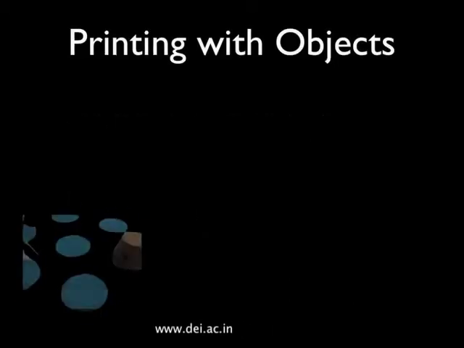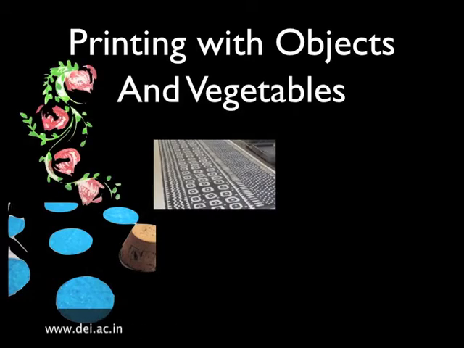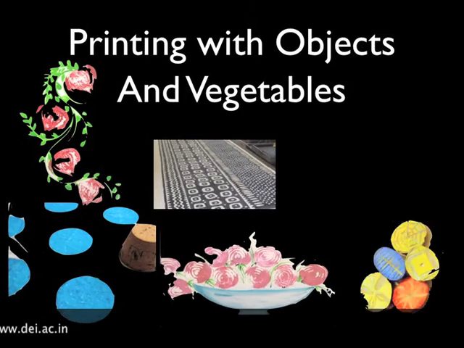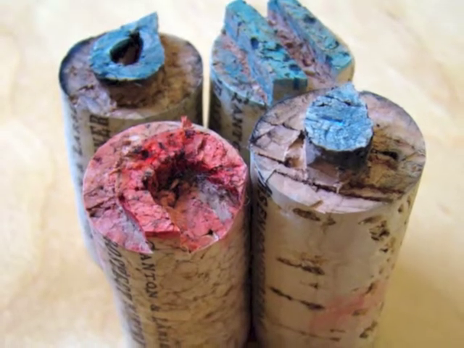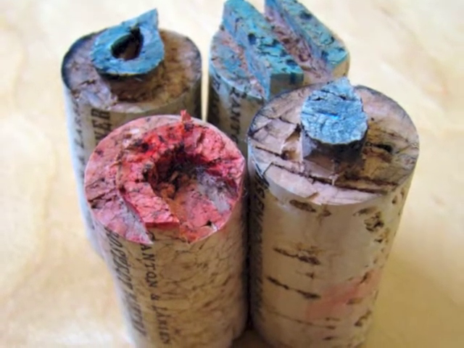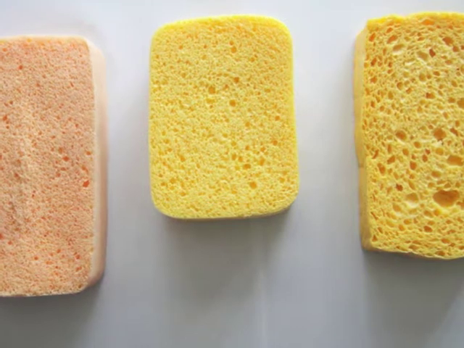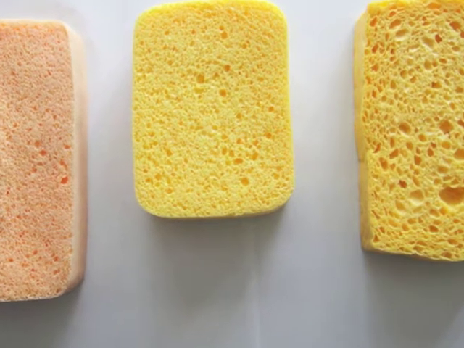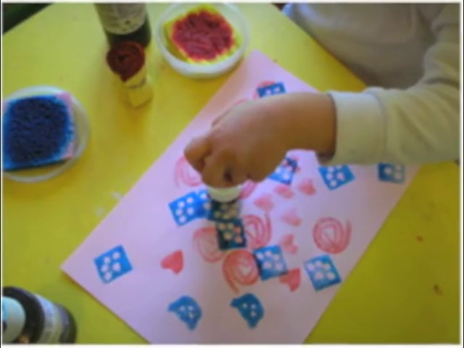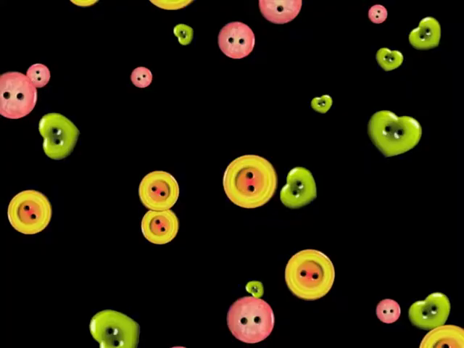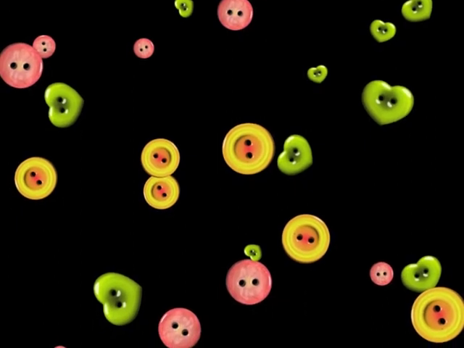Printing with objects and vegetables. Make some trial prints on paper or fabric with a cork, sponge, buttons, and other generally found objects.